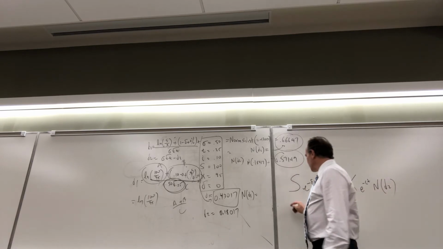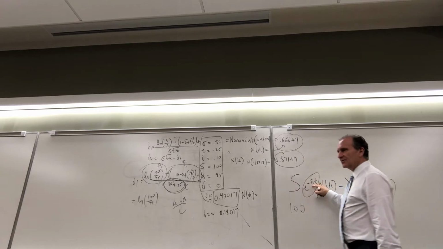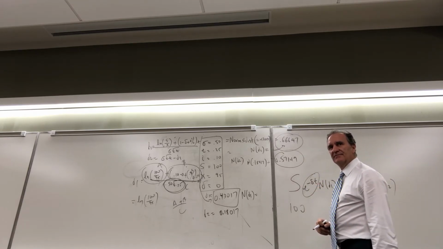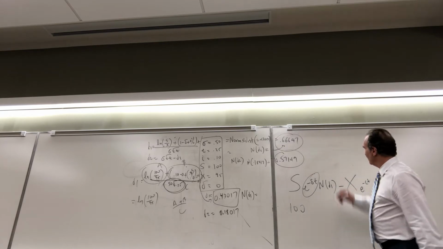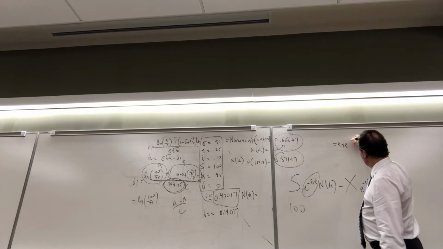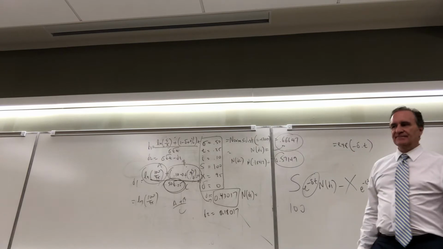S is 100 times, this is delta is 0, e to the 0 equals 1, yeah. How do you do e in Excel? It's equal EXP, and then you put in the minus delta in a parenthesis.